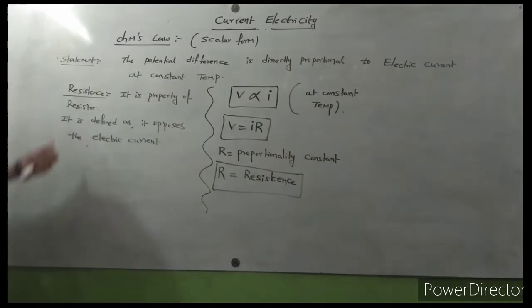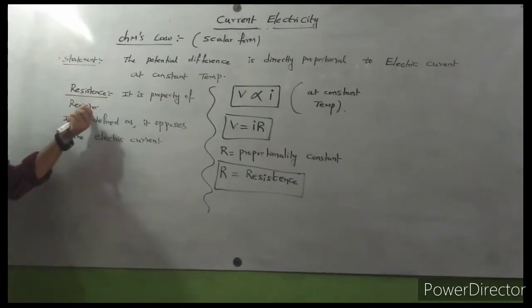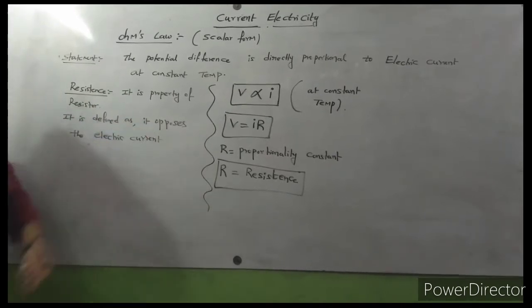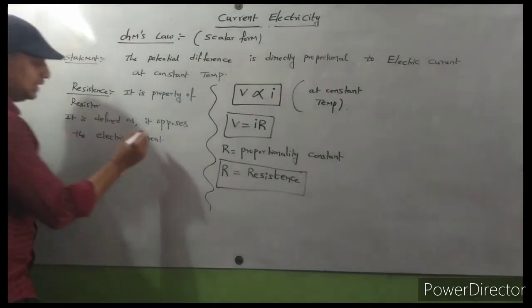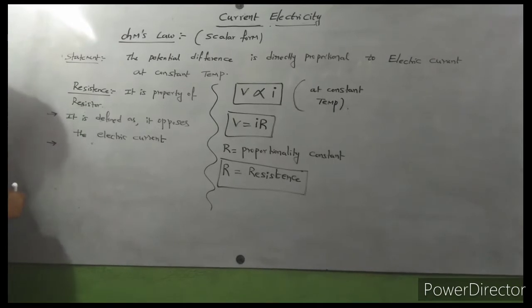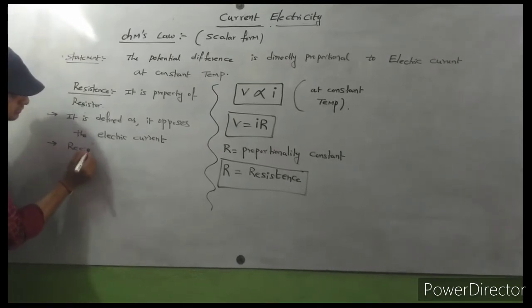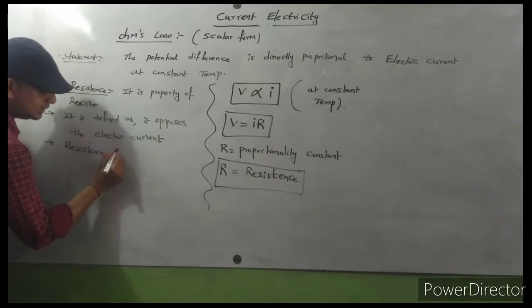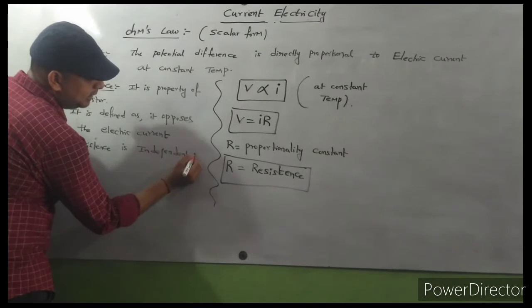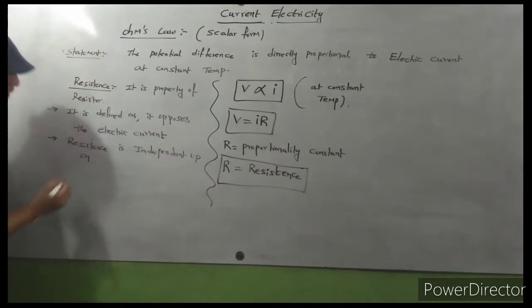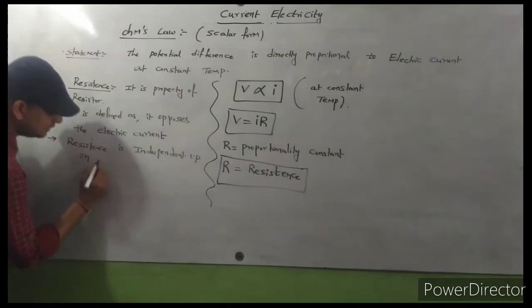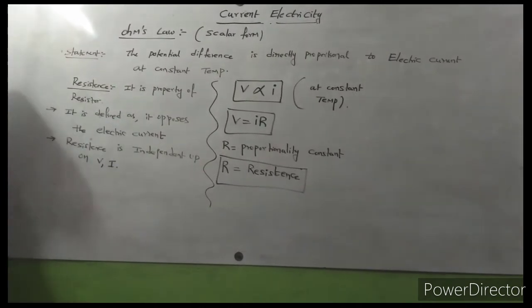Resistance is a property of a device, the resistor. Resistance is independent of potential difference V and current I.